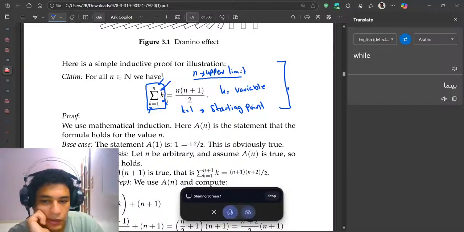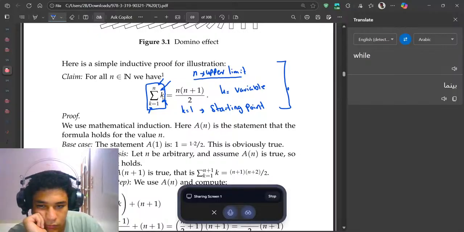So what if I replaced k by 3, for example? What will this mean? If you replace k with j, the meaning doesn't change. It's just a different label for the same concept. I said, what if I replaced k with number 3?